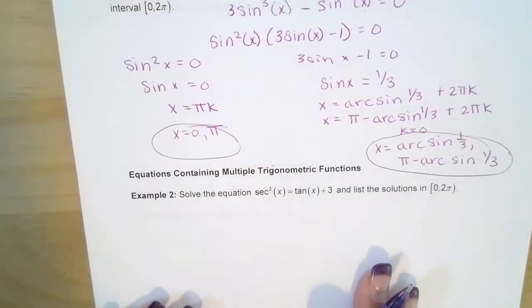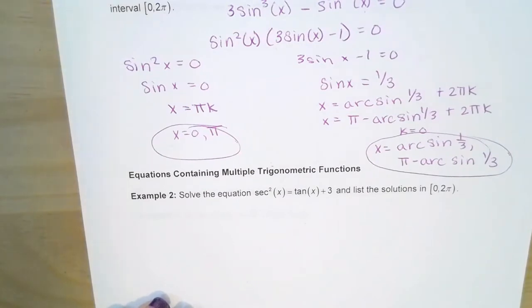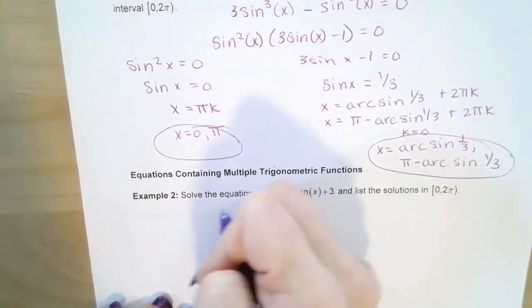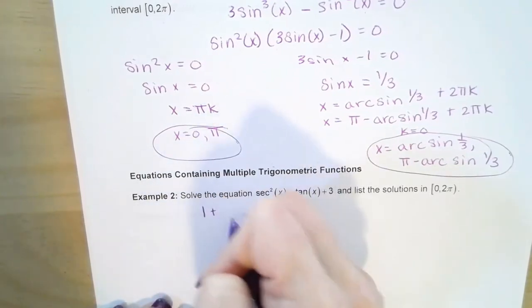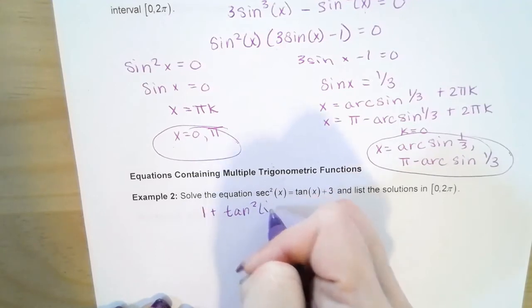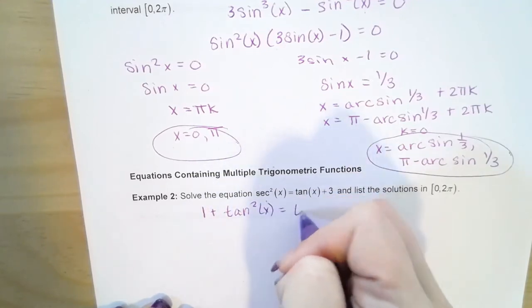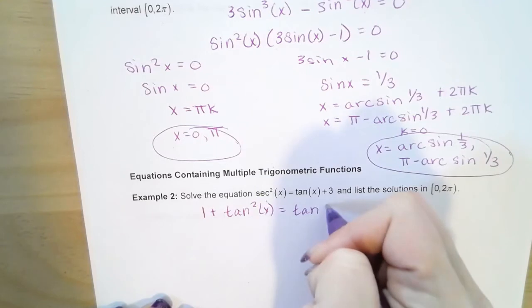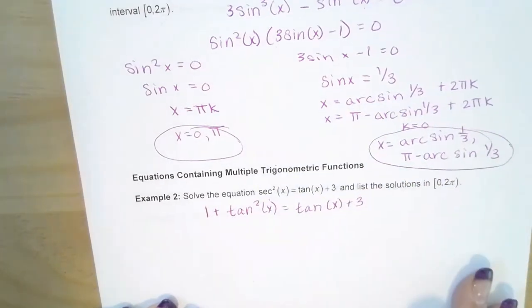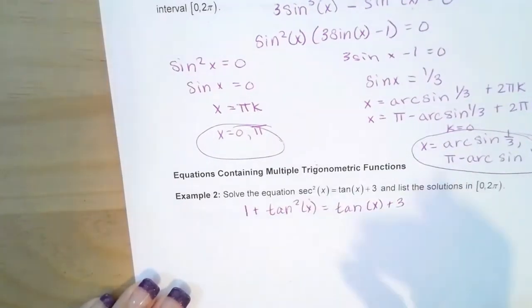Okay, example 2. In example 2, we want to think of our trig identities that allow us to solve better. So I'm going to switch the secant squared to 1 plus tangent squared. Now my next step would be to move everything to one side, and I'm also going to arrange it in order.